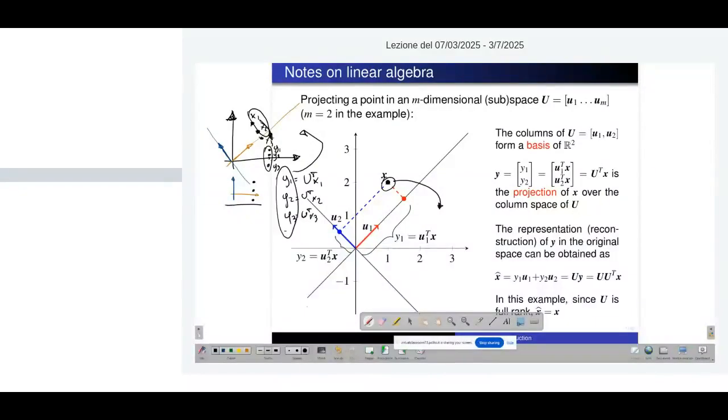It means that we can consider the transformation y equals U transpose x as a projection in the general case, but if U is full rank, because otherwise we're losing information, we can imagine that U transpose x corresponds to a change of basis. So we have seen in which sense we can interpret this as a change of basis. It's a representation of x in the new frame defined by U.